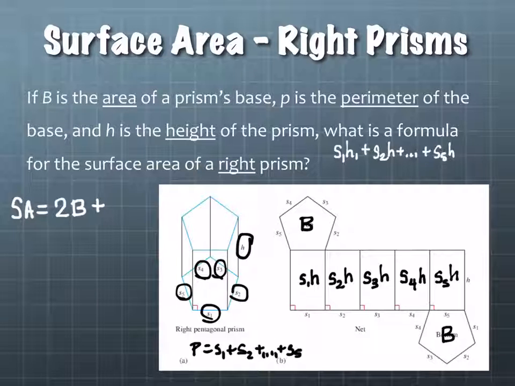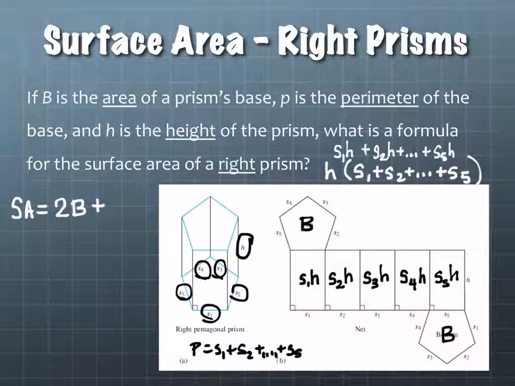Let me put just h. Here's an h in all of them, and then this is S1 plus S2 plus S5. But we have another name for adding all the side lengths together. That name is perimeter, and it's what we wrote at the bottom.